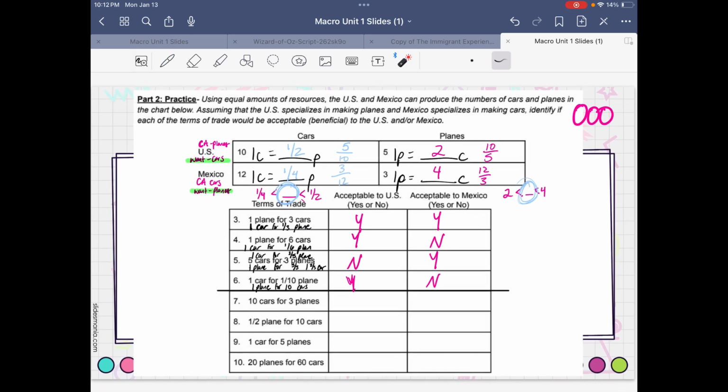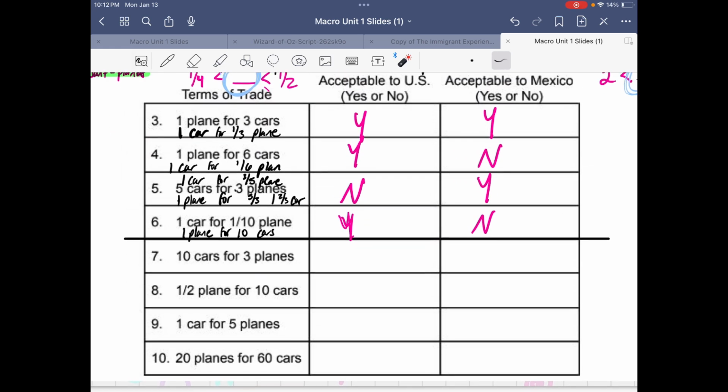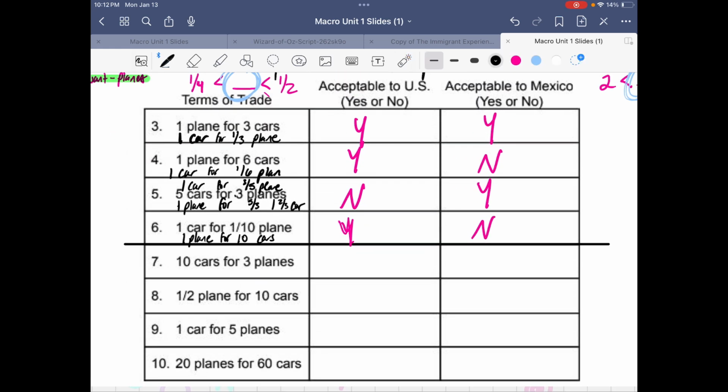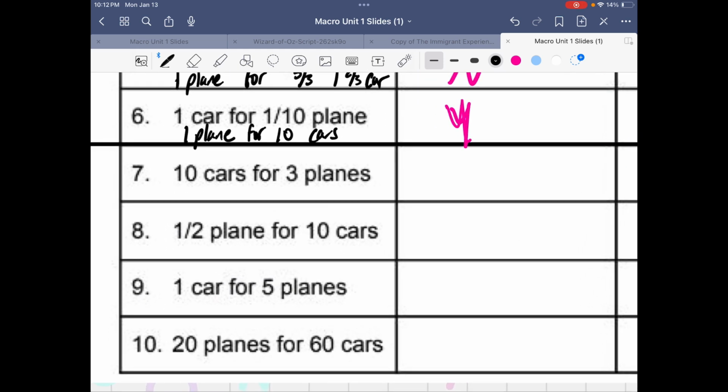Okay, so let me give you hints for this bottom part. They really screwed you over on this bottom part, where they aren't saying per unit, 1 plane for blank cars, 1 car for blank planes. And they really handed it to you. So remember, this is the same as the OOO, output other goes over method.